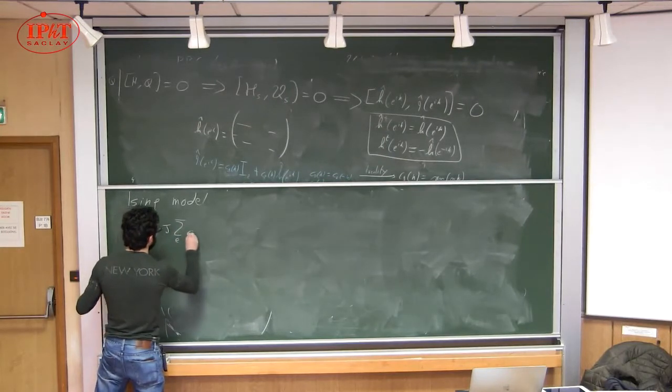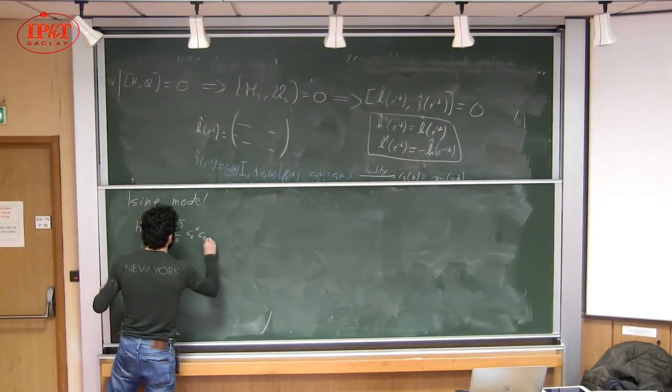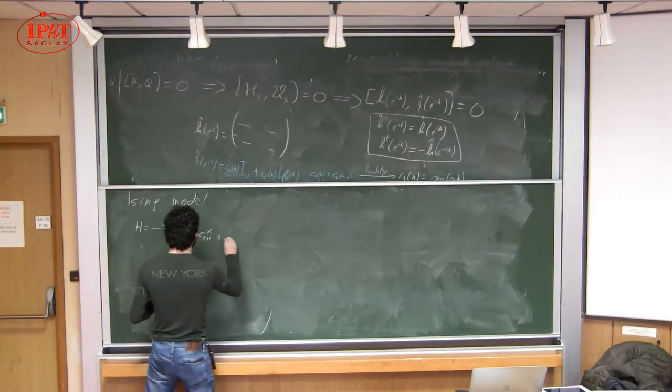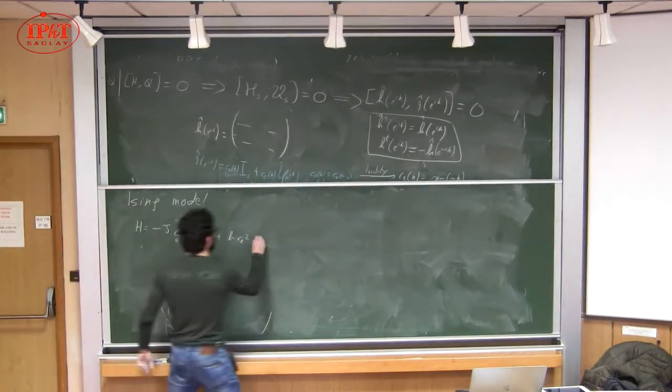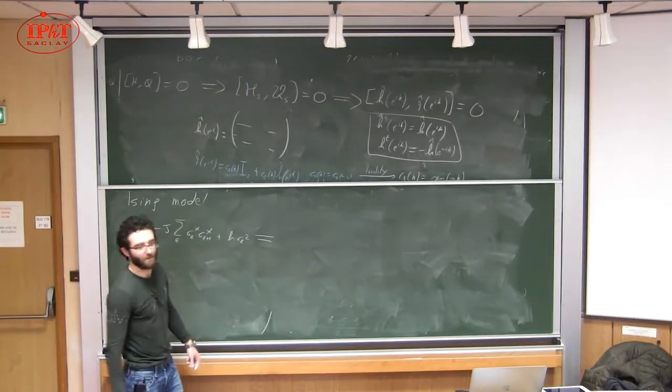H equals minus J sum over l of sigma_l^x sigma_{l+1}^x plus h sigma_l^z. Now, we carry out the Jordan-Wigner transformation.